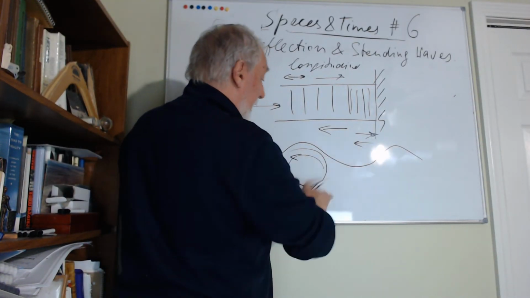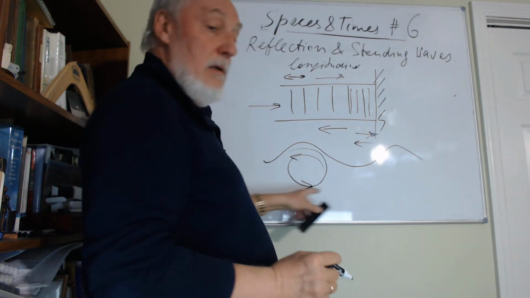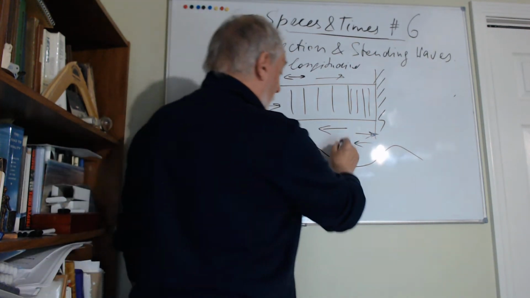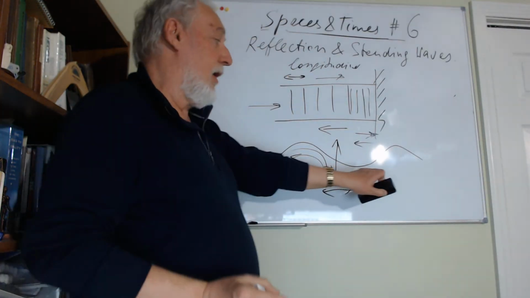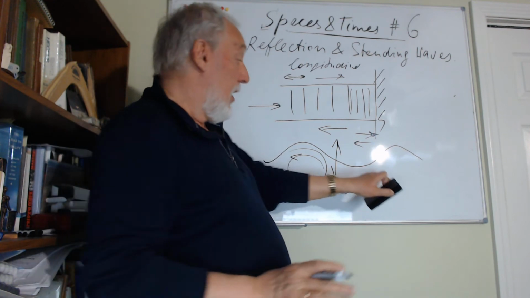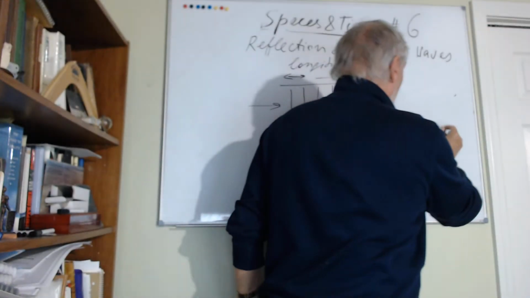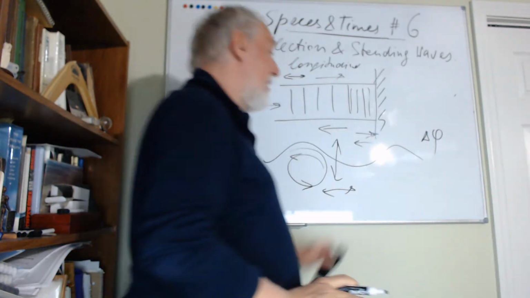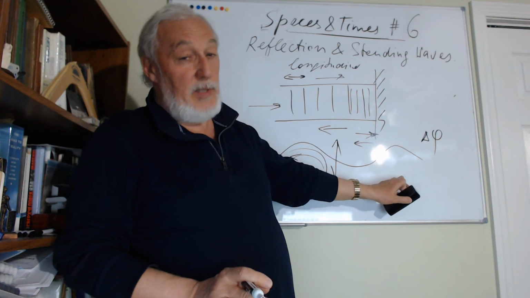It's not this or that. You see? The movement is both this way and that way. So I'm not sure, actually, you're maybe correct. I'm not sure what the difference of phase is at the wall. My guess is that it changes by pi, but maybe not.